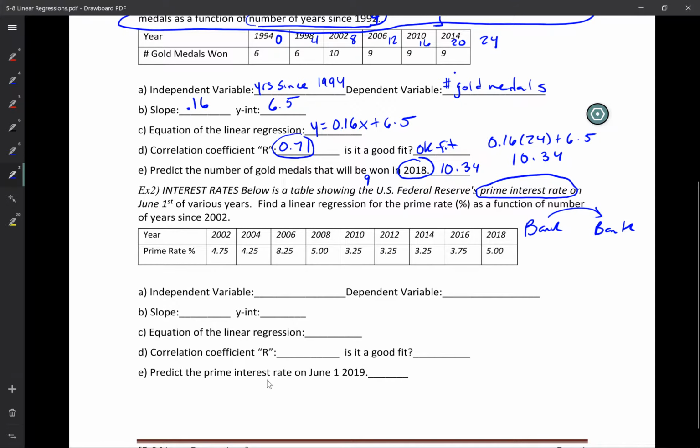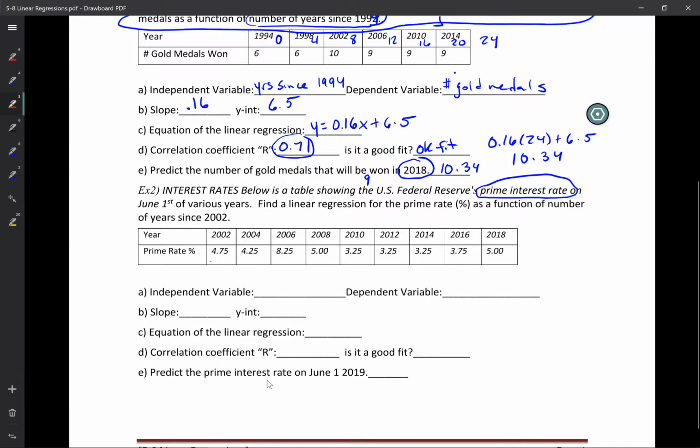And the amount of interest that they have to pay back is the prime interest rate. So in 2002, if one bank wanted to let another bank borrow money, they would also charge them 4.75% interest per year, right? So that's what the prime interest rate is. It's just the percent of interest that banks have to charge each other when they lend money.